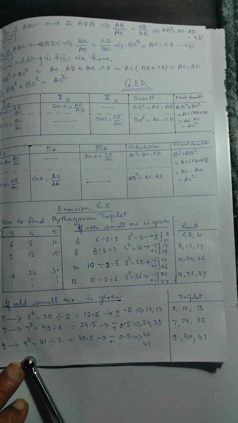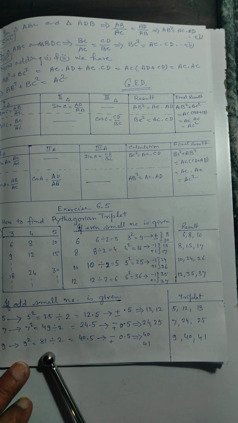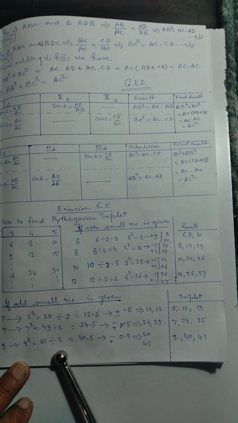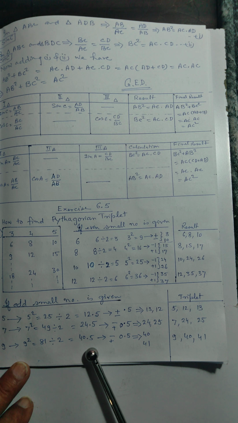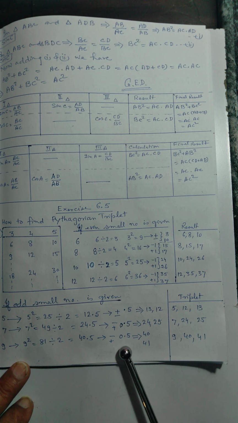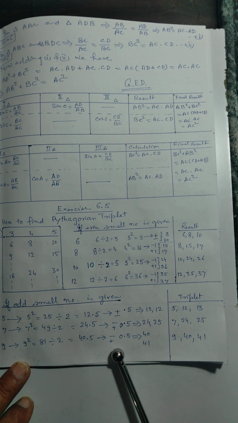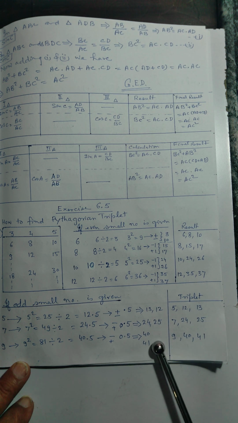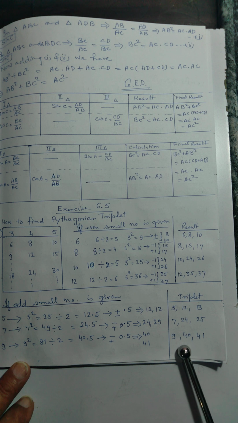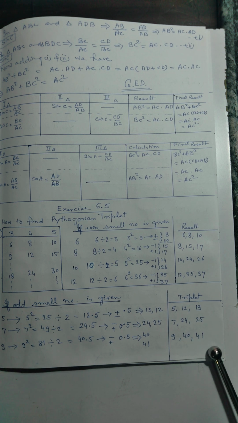Now take 9. So 9 square will be 81. Divided by 2, you will get 40.5. So what you do is subtract 0.5 and add 0.5. So you will get 40 and 41. So the Pythagorean triplet will be 9, 40, 41.